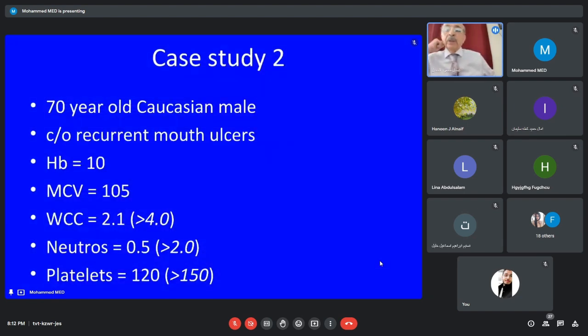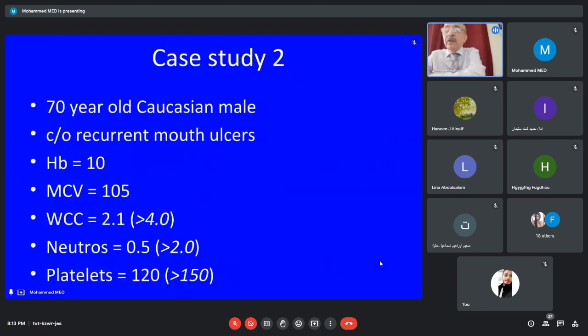Case number 2, a 70-year-old Caucasian male, Caucasian means European or North American, complaining of recurrent mouth ulcers, and his hemoglobin was found to be 10, and the MCV is 105.